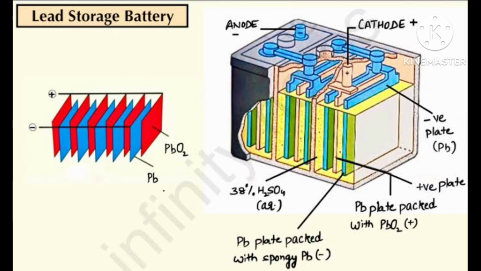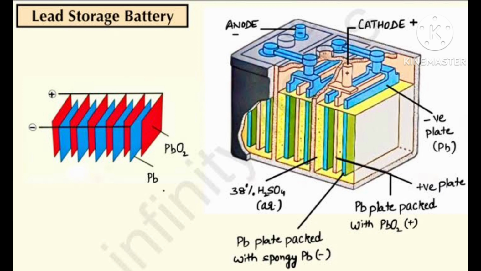On the left side, lead is remaining plus lead oxide, and 2 SO4 2 minus and 4H plus remain. All together you can write 2H2SO4, because for 1 H2SO4, 2H ions are required, but here 4H ions and 2 sulfate ions are there. So left side is Pb plus PbO2 plus 2H2SO4.